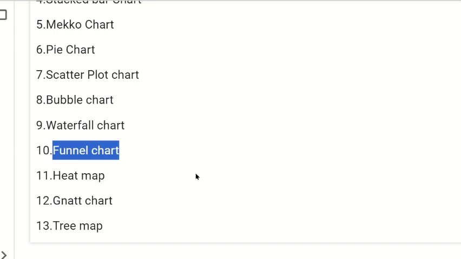The funnel chart looks like a funnel. Just search again for the funnel chart.